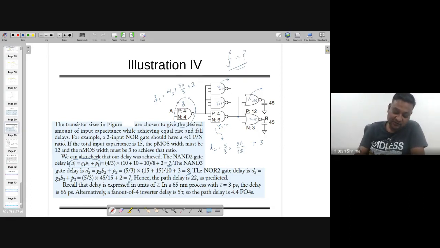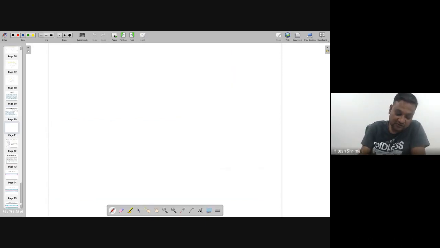Drive is the one which is the input capacitance, right? So if it is not given, it's difficult. So in that case, you need to follow the previous equation, which is this one. D is equal to n times f raised to 1 by n, or I would say GBH raised to 1 by n plus P, where P is the sum of all such parasitic delays.